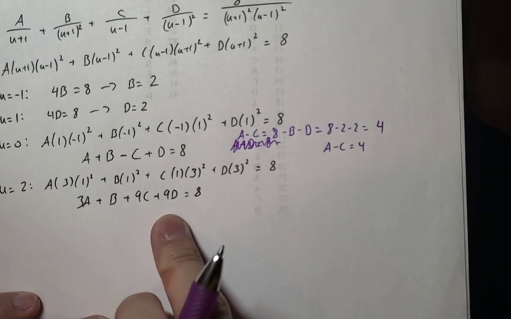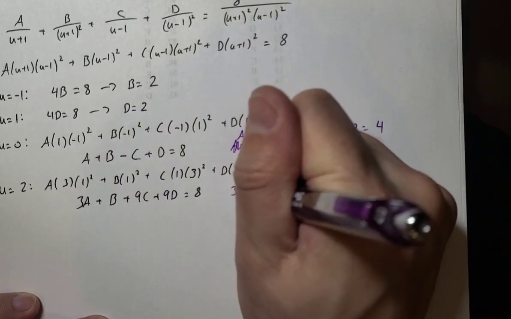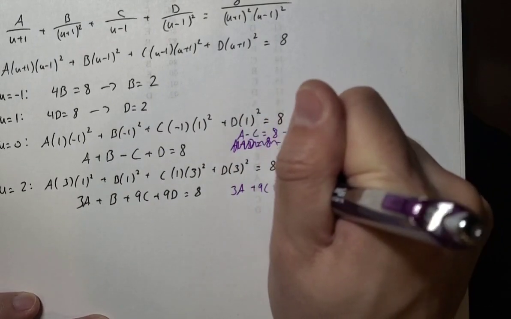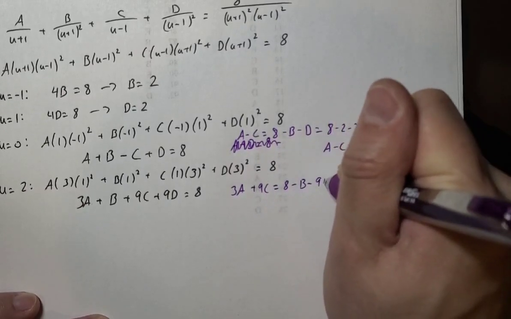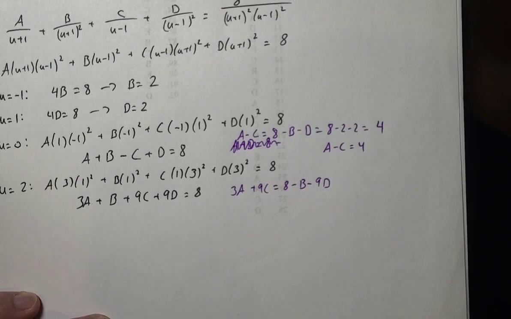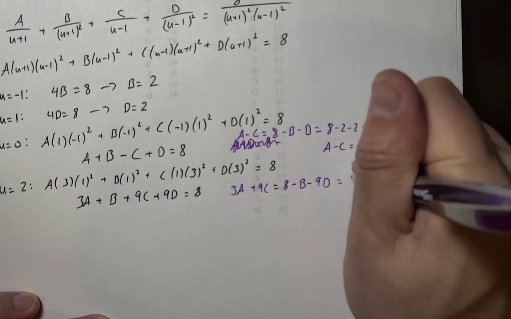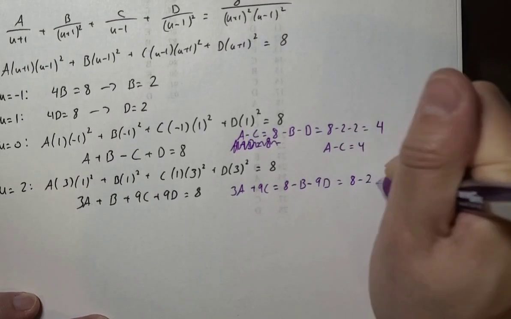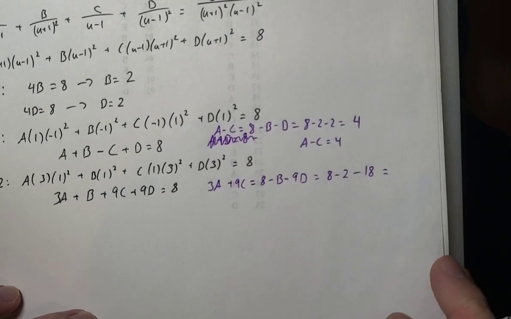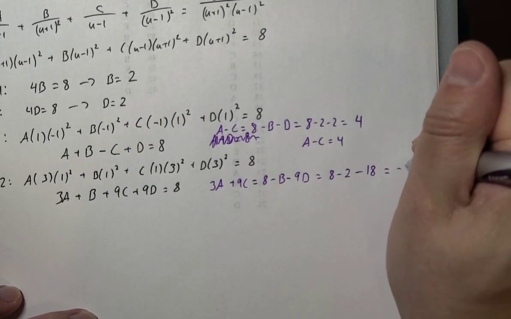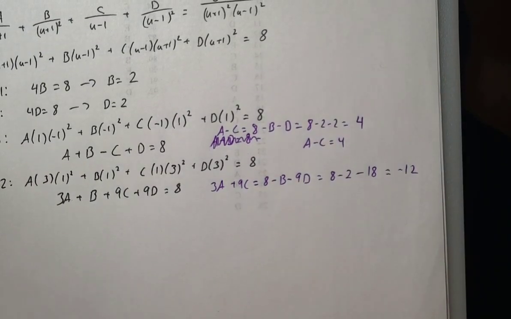Okay, similarly over here, we get 3a plus 9c is equal to 8 minus b minus 9d, which is equal to 8 minus 2 minus 18, which is equal to what? It would be minus 12.